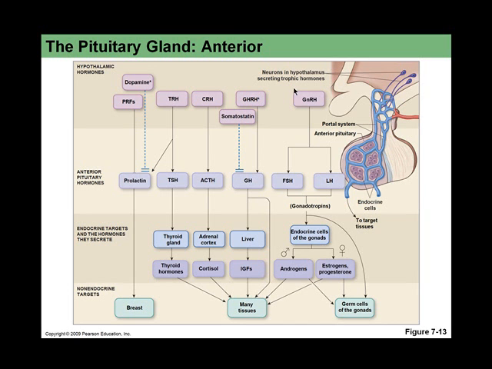Then the gonadotropin releasing hormone, so notice lowercase n to distinguish between the uppercase G, uppercase H growth hormone.